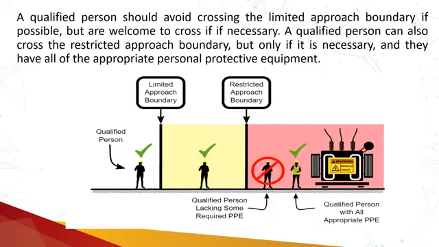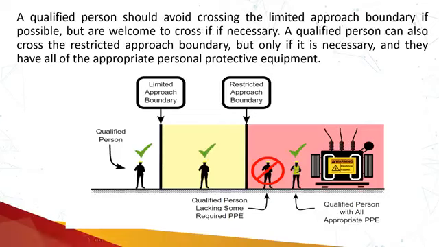In the last session, we discussed the different types of boundaries covered in NFPA 70E, like the shock protection boundary and the arc flash boundaries. And we discussed that the shock protection boundary is further divided into the restricted approach boundary and the limited approach boundary. Right.